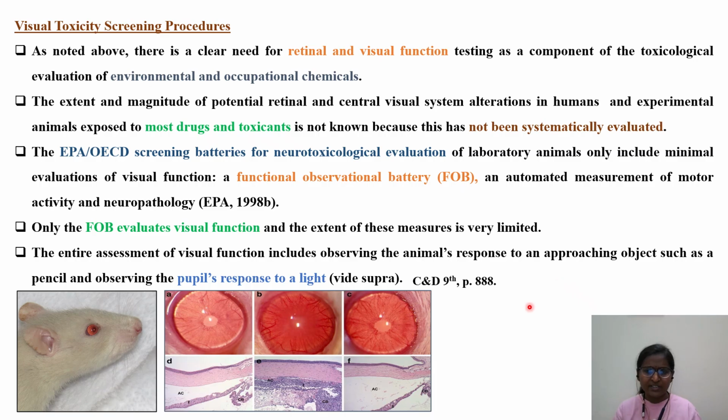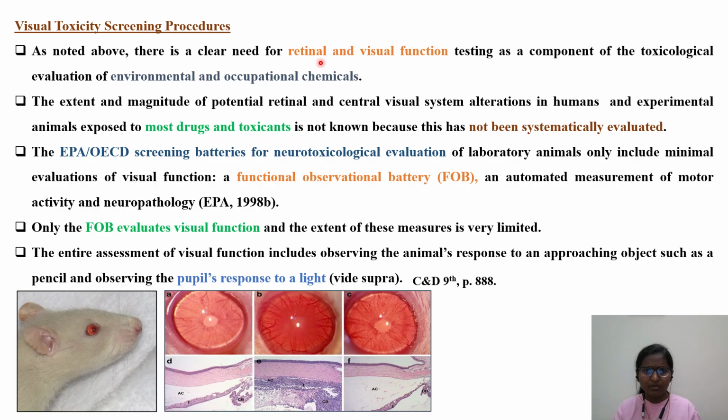Under the Casarett and Doull's textbook on page number 888, this is the information I have come across. You can directly read it in the textbook, or you can go through this slide also. Visual toxicity screening procedures under FOB: as noted above, there is a clear need for retinal and visual inspection testing as a component of toxicological evaluation of environmental and occupational chemicals.